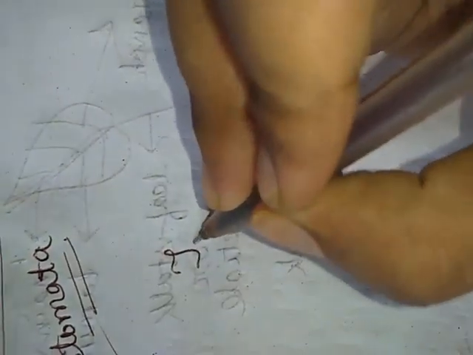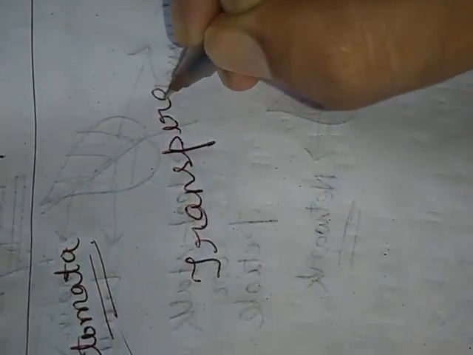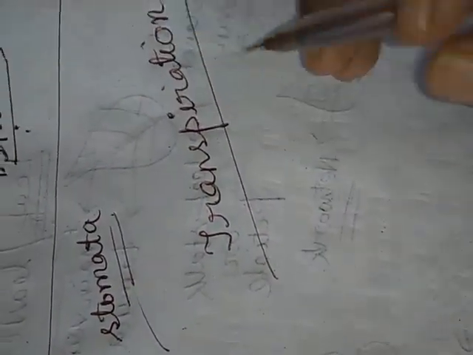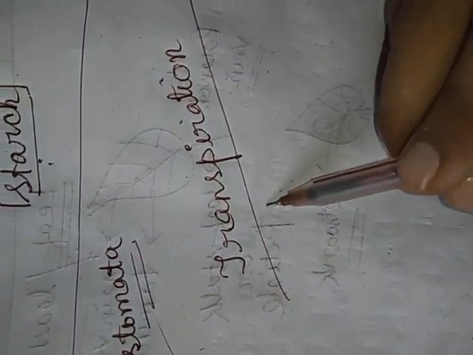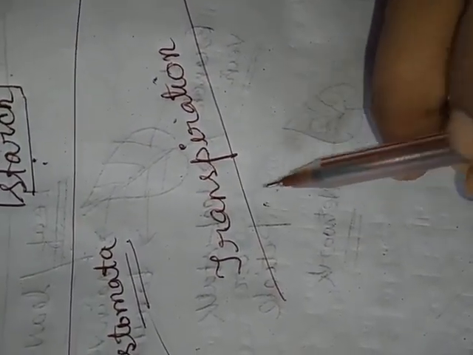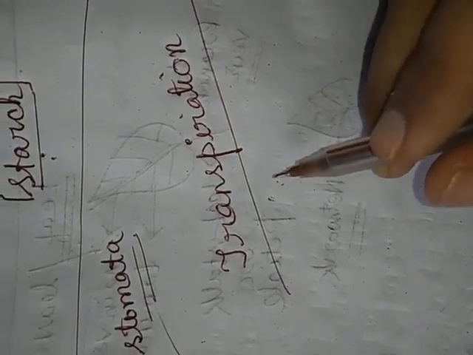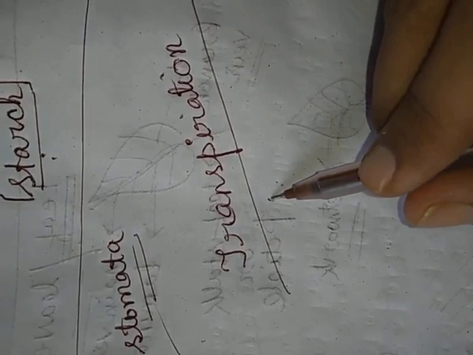Now to know what transpiration is. Transpiration means the process by which green plants remove the excess water from their body. Suppose we remove our excess water in the form of sweat.